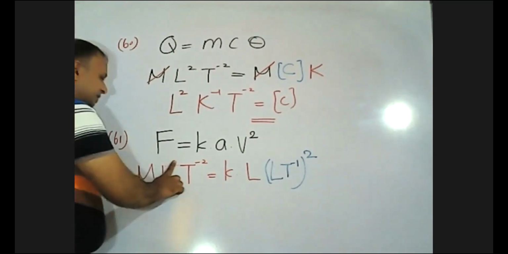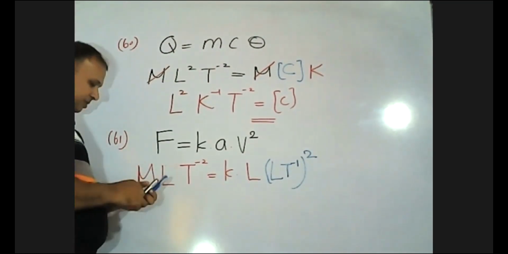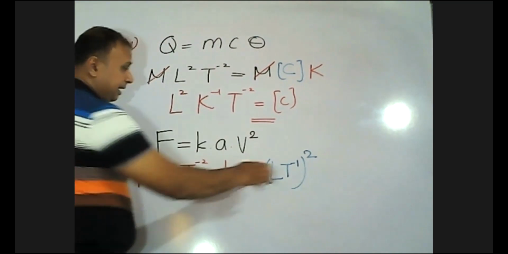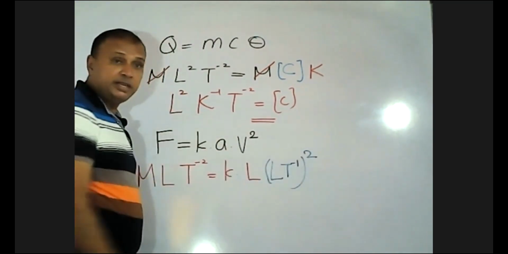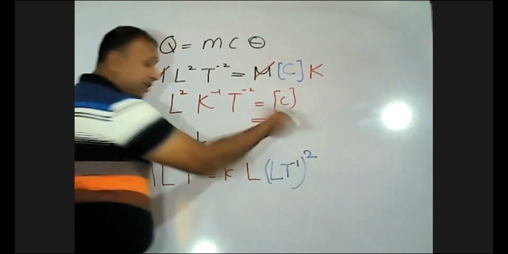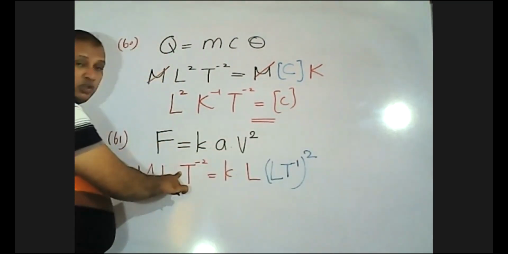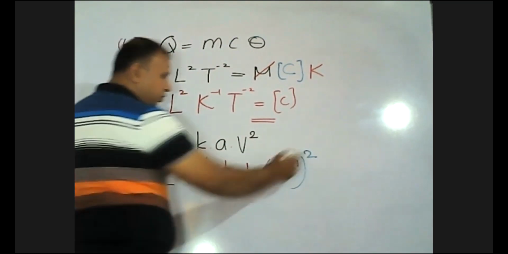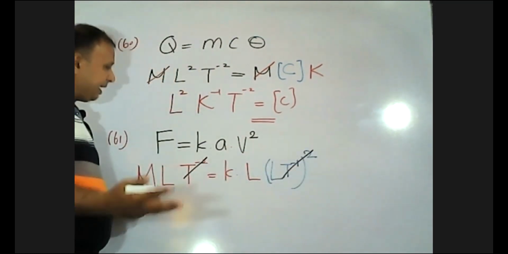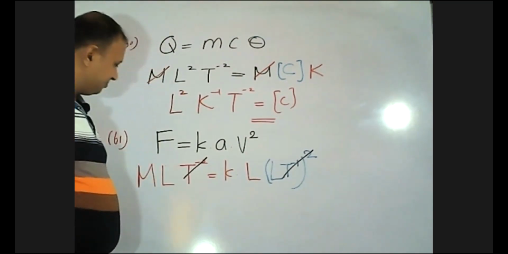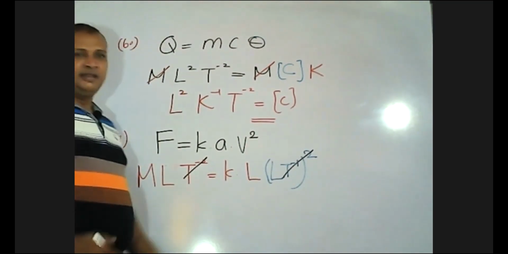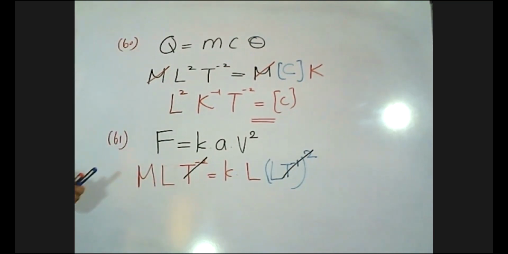So if I take L T minus 1 into 2, that means T minus 2 here and T minus 2 here. So T minus 2 and T minus 2 will be cancelled out. Then there won't be any T's, no? Now you can simplify this answer, but you don't need to, there won't be any T value.